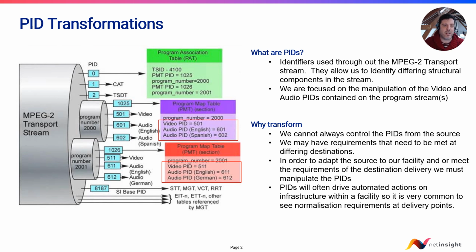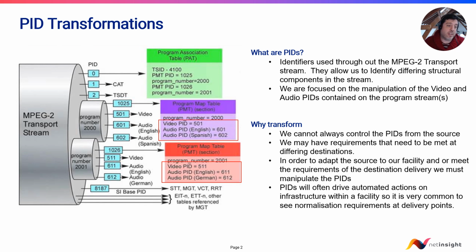For us, in a particular program, there will be one or more payloads for the video and the audio stream. These could be multiple audio languages, and different programs within a multi-program transport stream. So we're primarily focused at this point on video and audio PIDs.